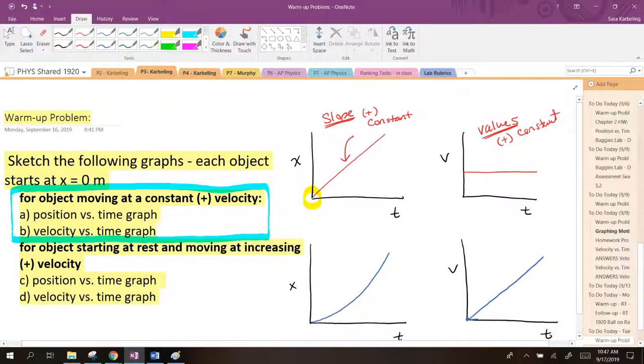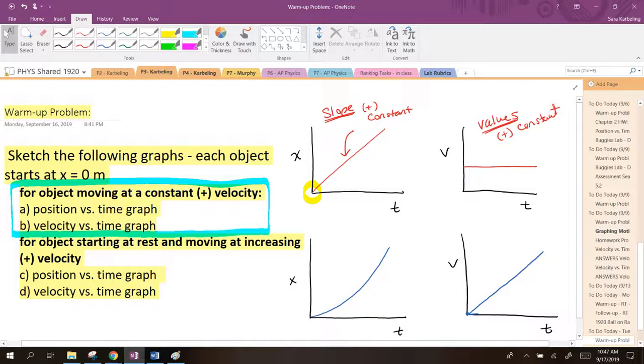I want to look back at this one here. Here, on the first set, the values of the velocity were constant and positive. If you were going to describe the values in this second set for the velocity, what words might you use?